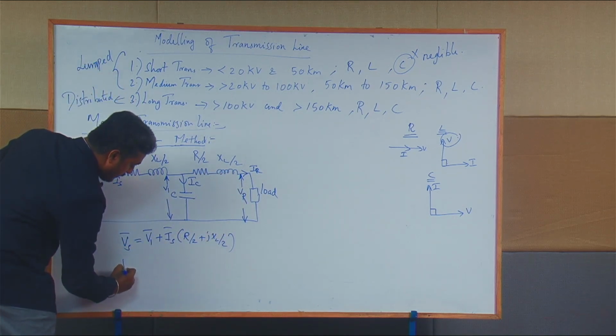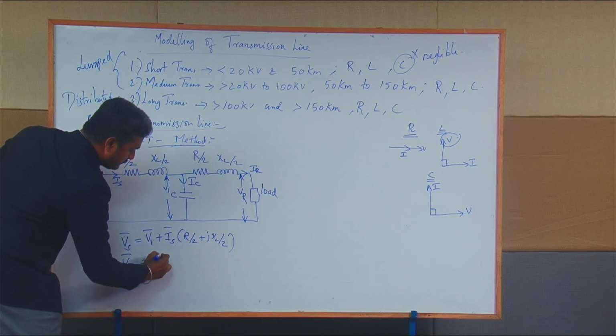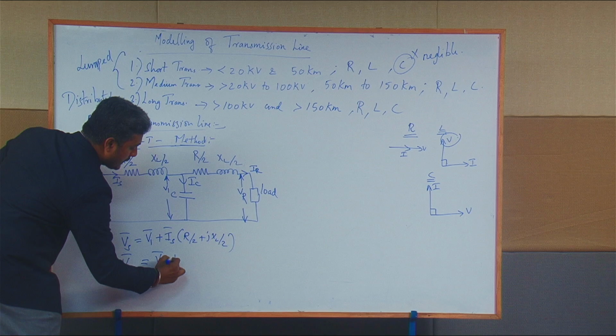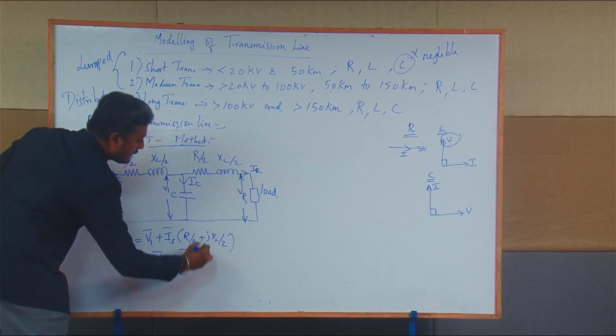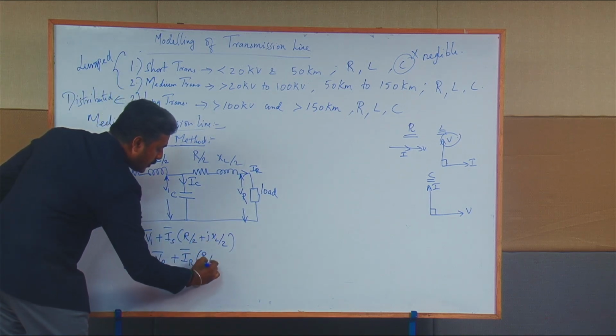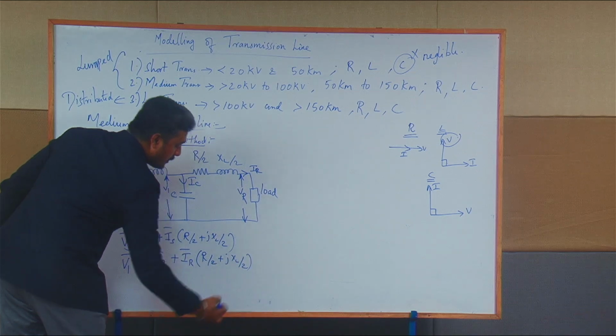And if you write the KVL for this loop, V1 vector is equal to VR vector plus IR vector into R by 2 plus j XL by 2.